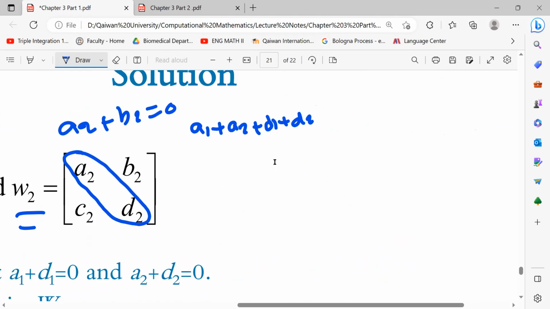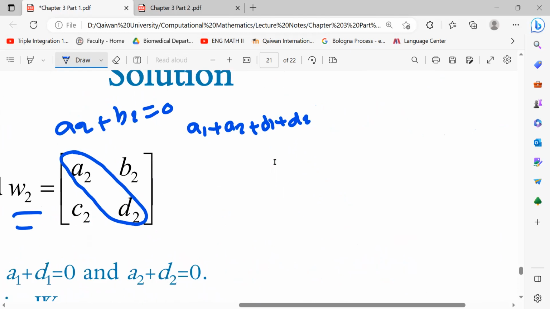If this equals 0, it means the matrix that we got from the sum of those two matrices is in W. This equals, since adding two numbers is commutative, you can say it is A1 plus D1 plus A2 plus D2.